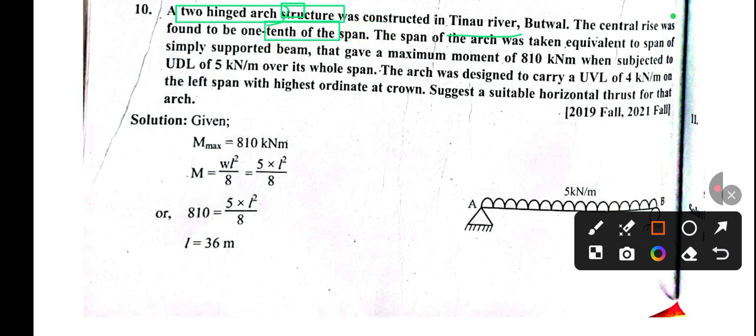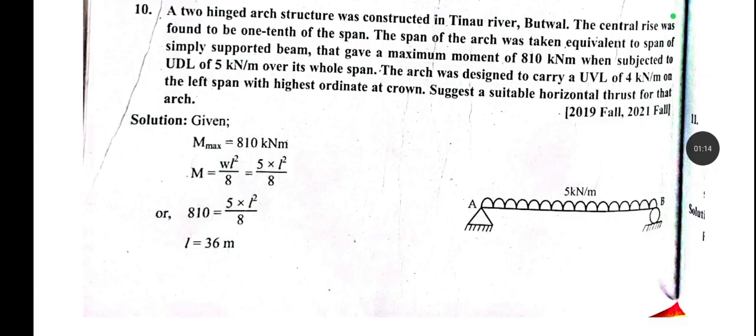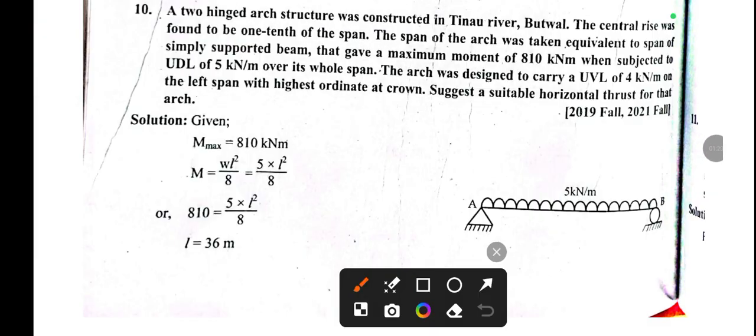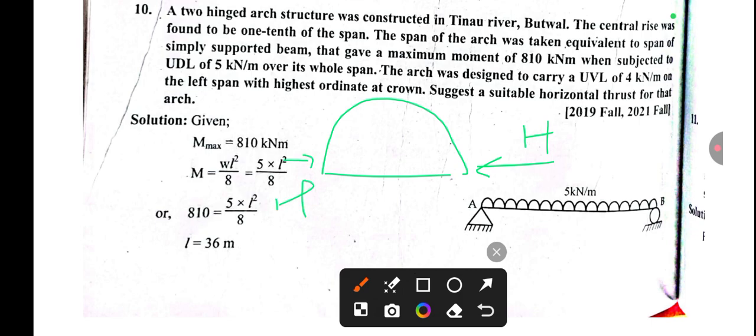It means from here we can easily write, first, let us suppose the length of this span. Suppose we have a given span. Let us assume this is the length and this is the center rise. On both sides, a horizontal thrust will apply.